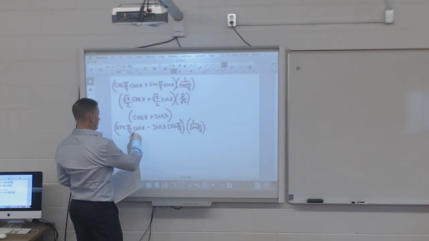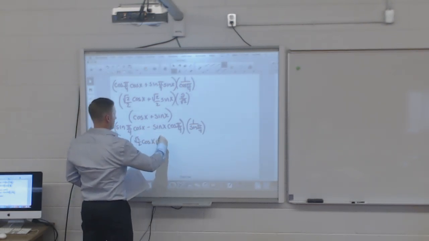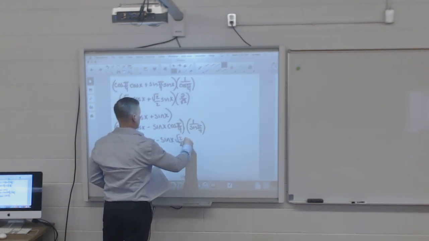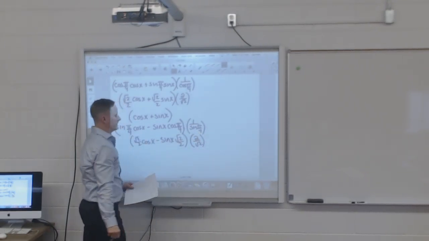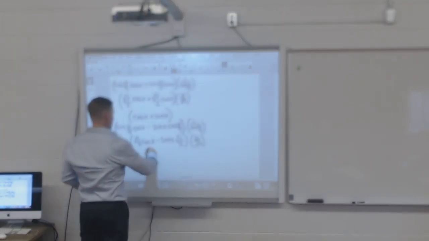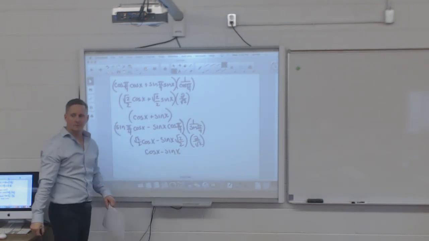Again I get root 2 over 2 cos x minus sine x times root 2 over 2, times 2 over root 2. So I multiply the 2 over root 2 through the brackets, I end up with cos x minus sine x.